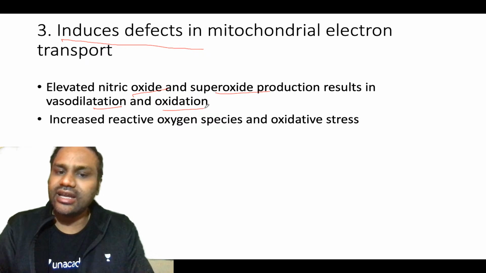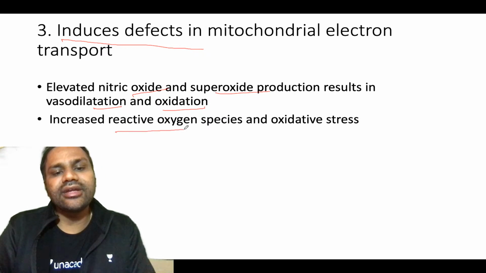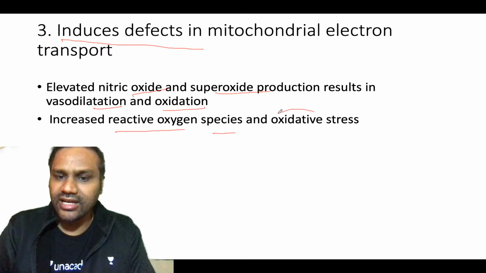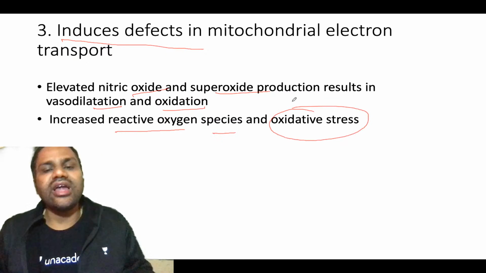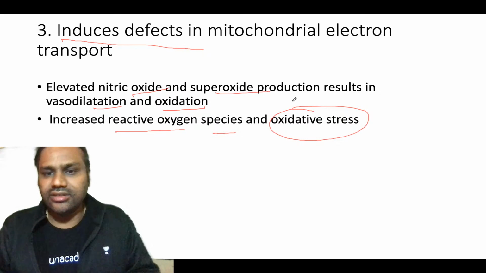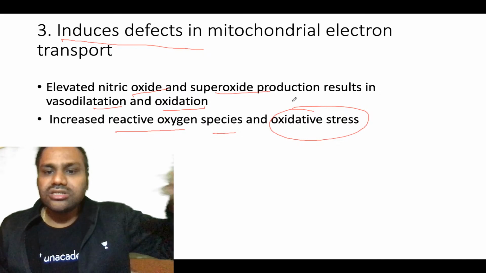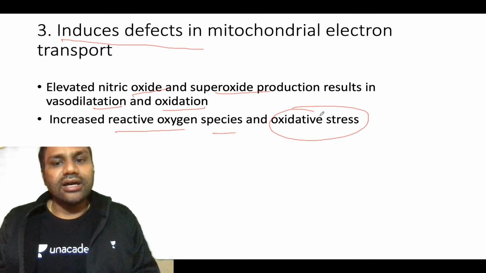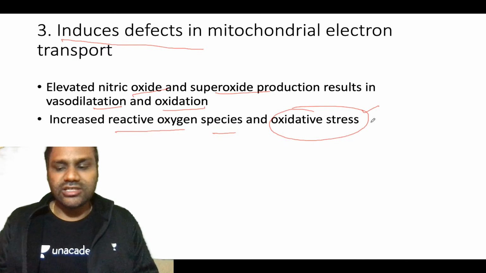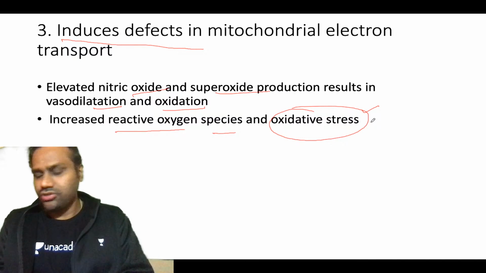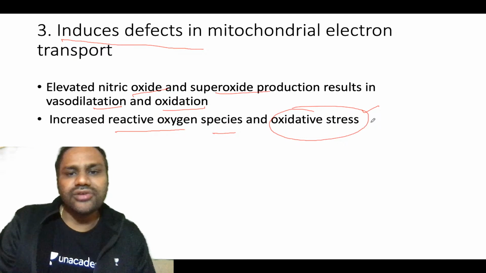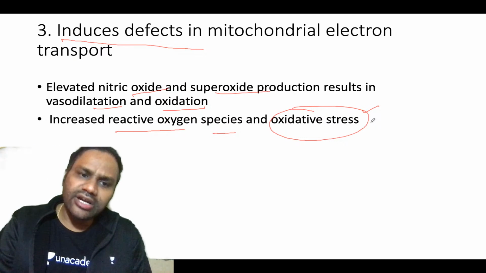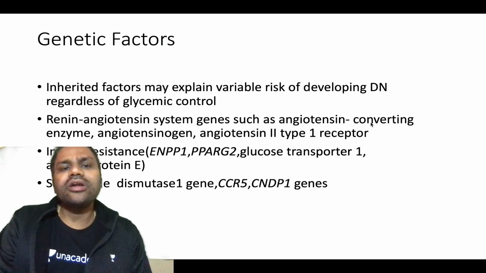There will be vasodilation and oxidation, and increased reactive oxygen species and oxidative stress, and this will again result in tissue damage. Go to your general pathology, where we have already explained in detail how oxidative stress, ATP damage and mitochondrial damage cause cell injury. That is very important in case of injury here. So that will also result in injury to the glomeruli.